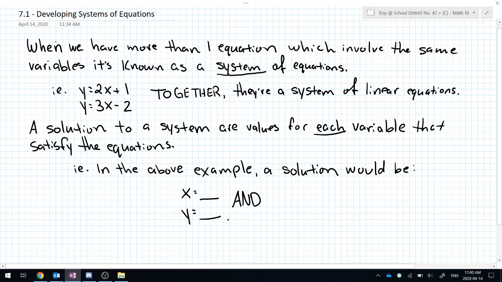So that's the introduction to the main idea behind what we're going to be taking a look at in this chapter. This section, 7.1, deals with being able to develop your own systems to describe a situation.